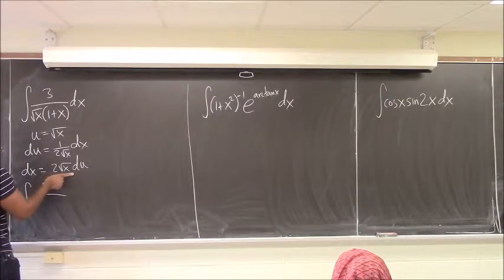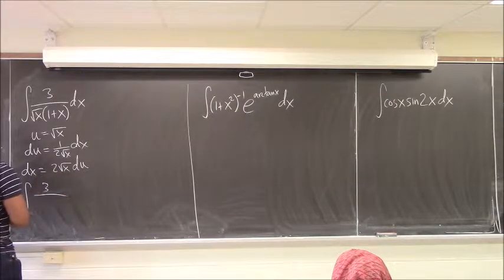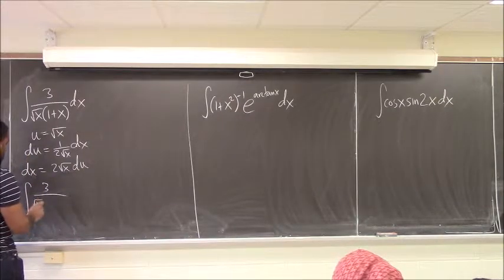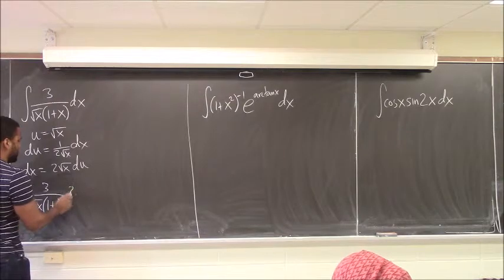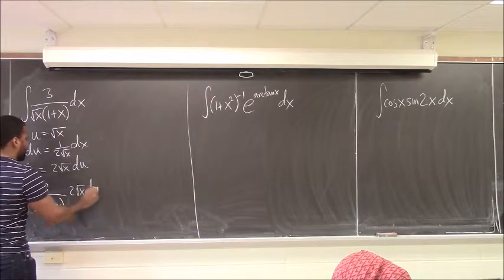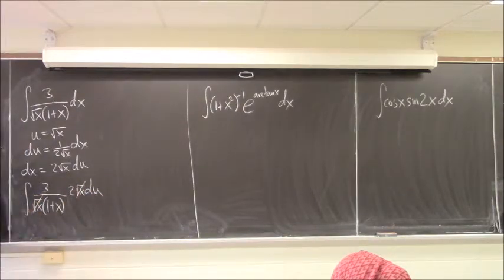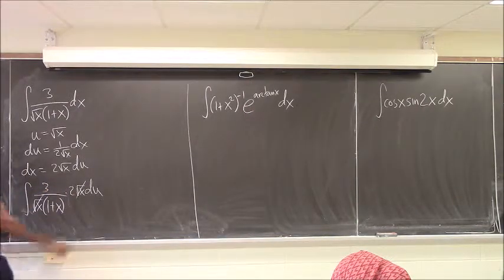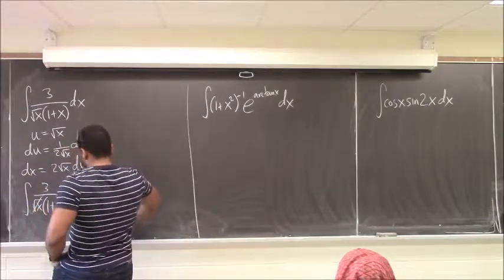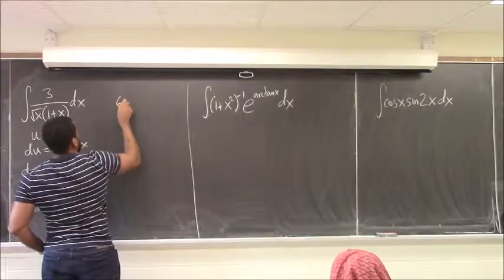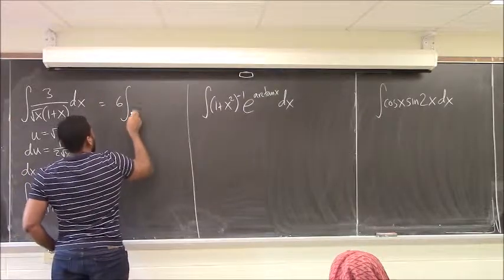Here I see there's a radical x that I want to be able to cancel, so I leave this radical x there. This would cancel with that. I have the 3 times the 2, I'd be able to factor out. That becomes 6 times.